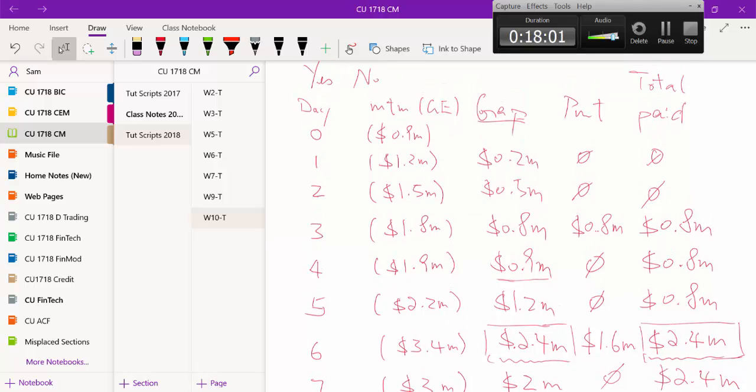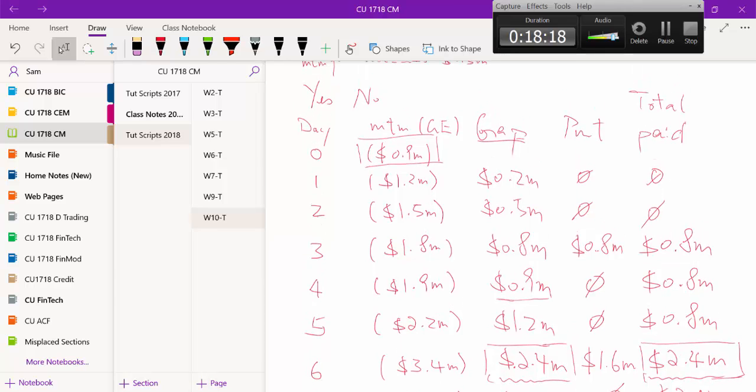For example, I'm still just recapping, refreshing your memory of what we talked about last time. Let's say you start and GE has a mark-to-market of $0.9 million. Now this is less than the threshold. And then the next day, their mark-to-market is minus 1.2.